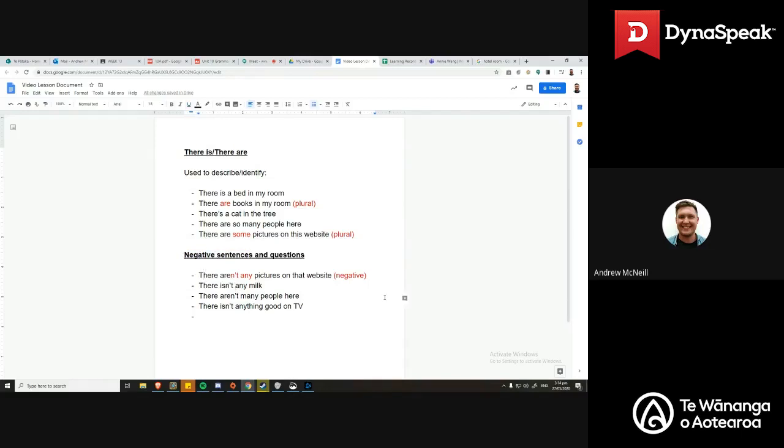So this, there isn't, we know that isn't means is not. Aren't, we know that this means are not. Okay? So these are negative sentences if we use not. There aren't any pictures on that website. Now we can only use any in negatives and questions, or that's where we usually use it. There are not any pictures on that website.